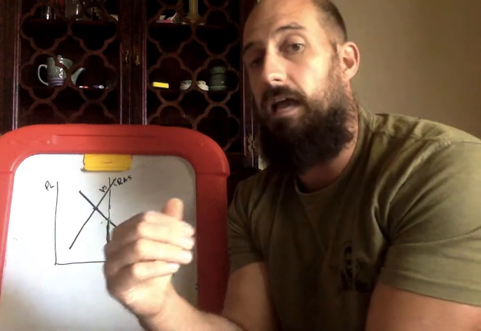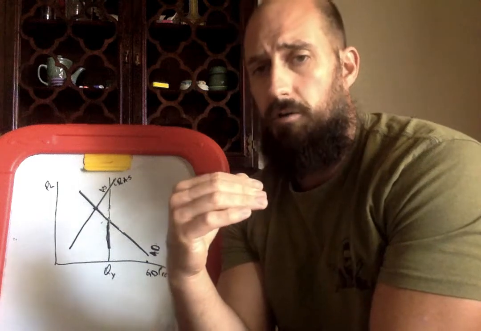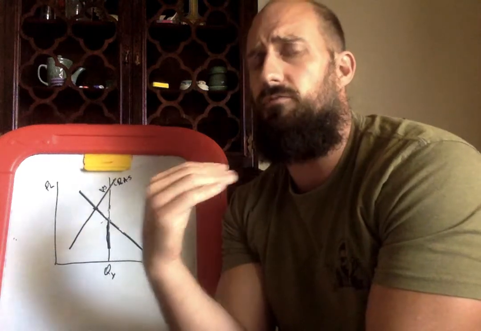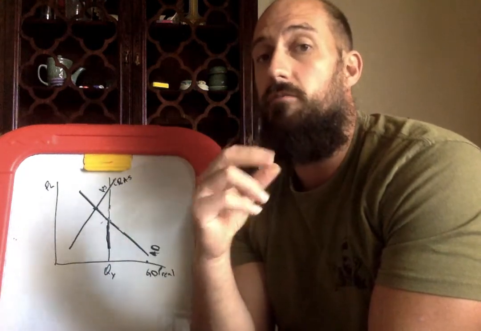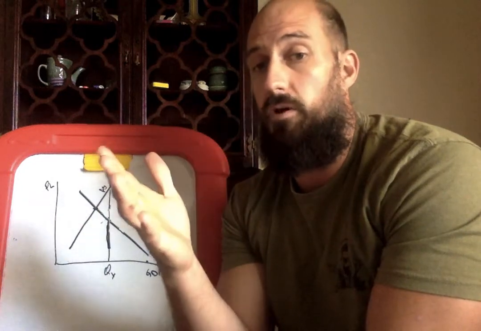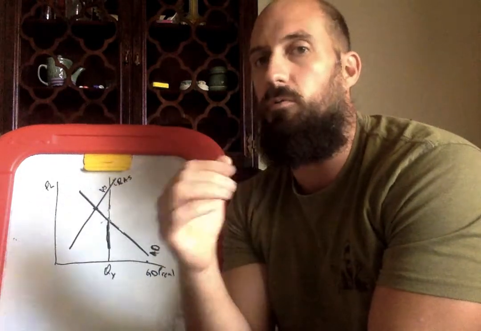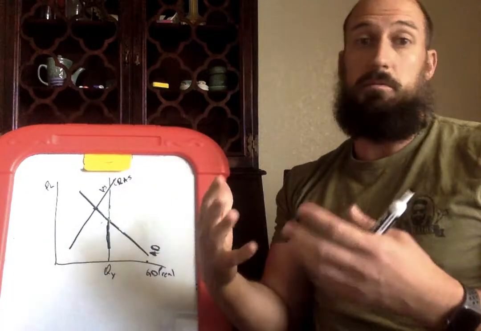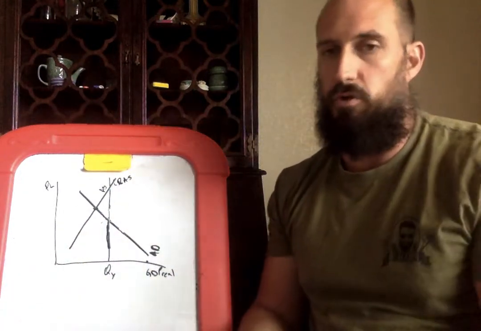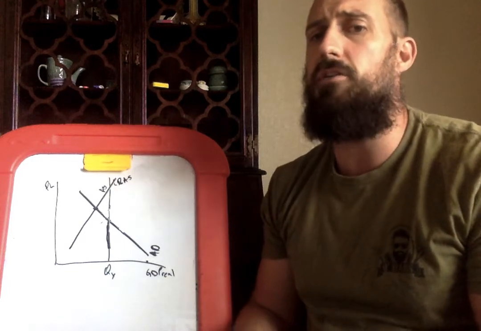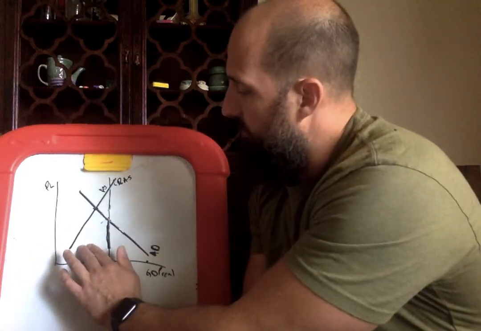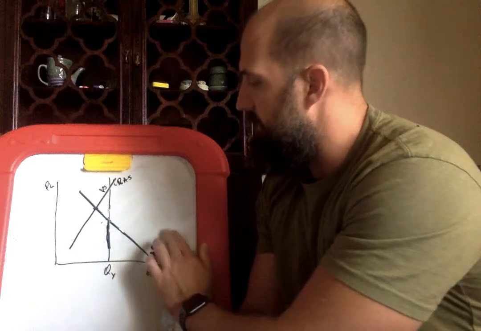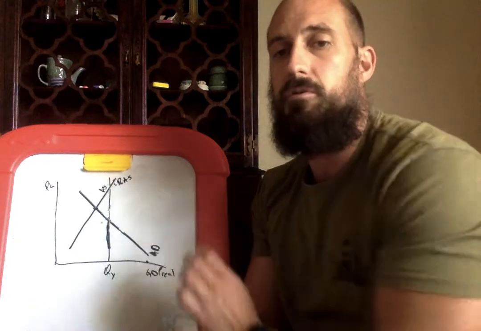A recessionary gap is when you have less than full employment. So you have very high unemployment, meaning you have greater than maybe 8%, 9% unemployment. And so here you're at a negative output gap. On the right, you're at a positive output gap.